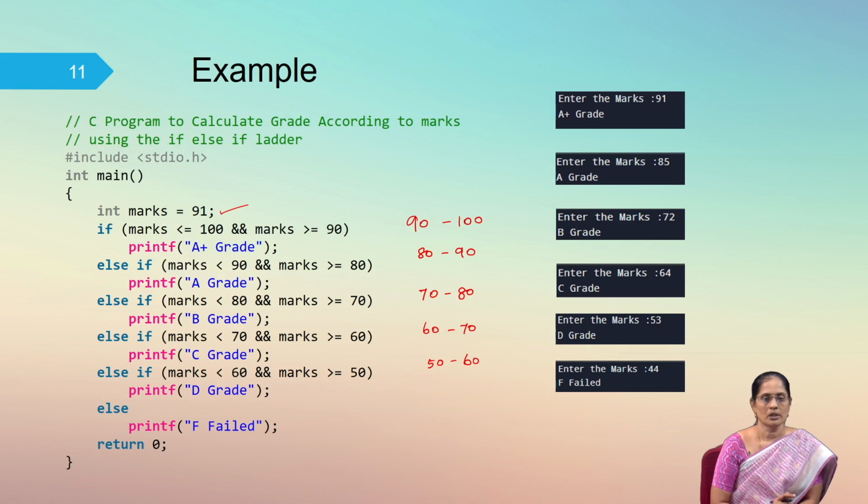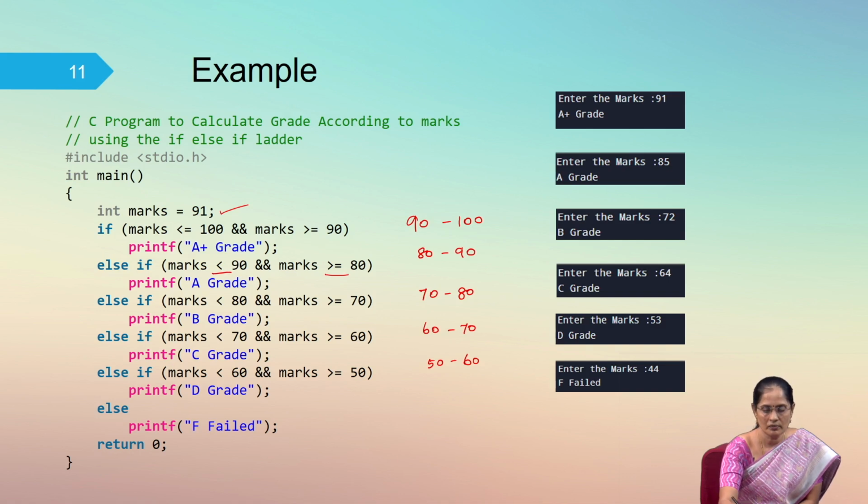We are checking for the corresponding range, but here you can see, if the mark is 80, how will it be handled, if the mark is 70, how will it be handled. That is the reason we go for using the less than operator here and the greater than or equal to operator here. So, if you are using less than 90, it excludes 90.